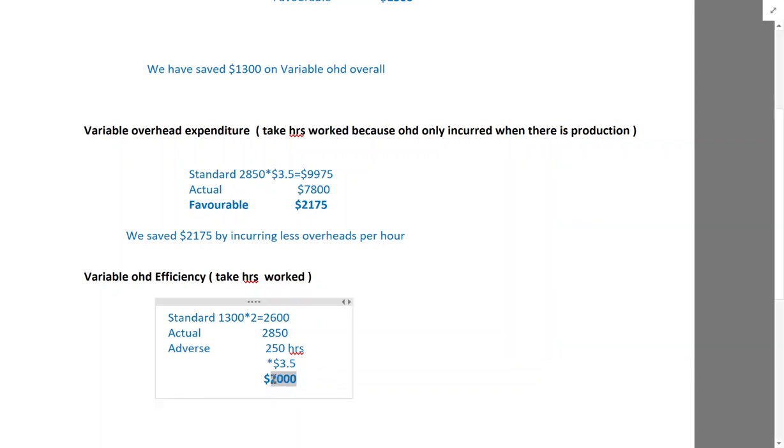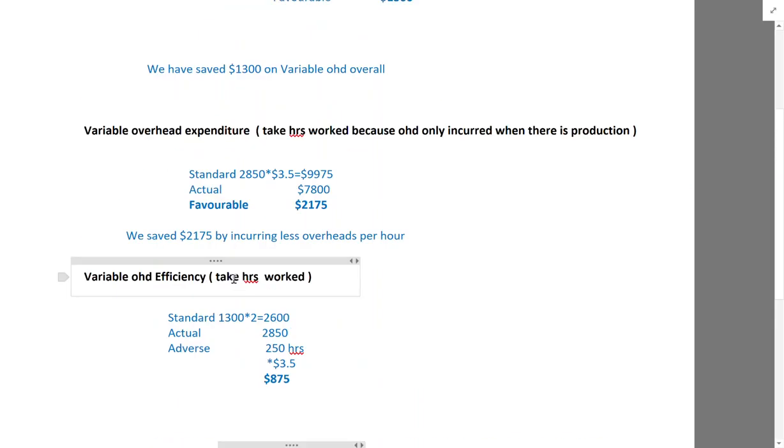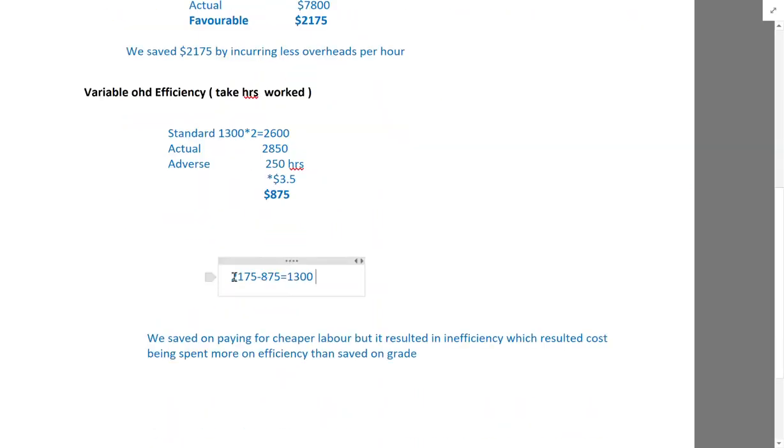875. So we have 2,175 favorable minus 875 adverse, which is 1,300 favorable. Now what will be the comment?